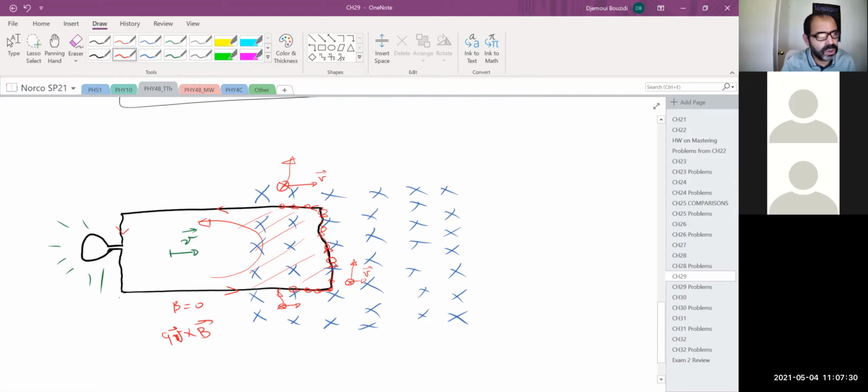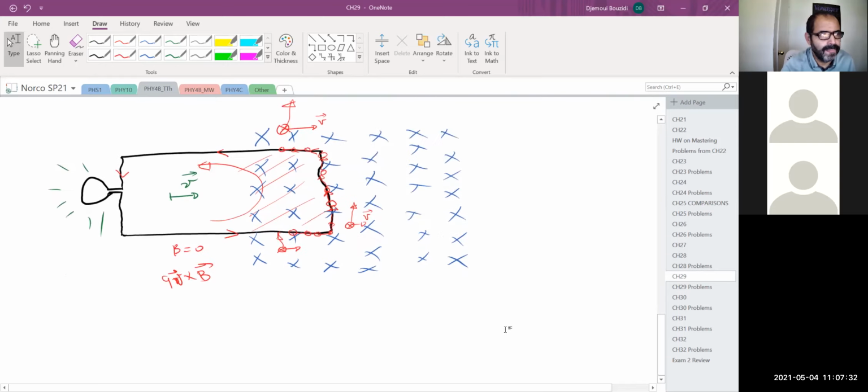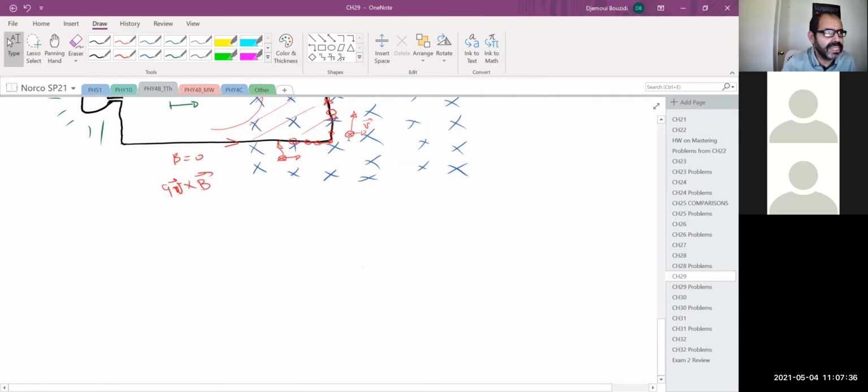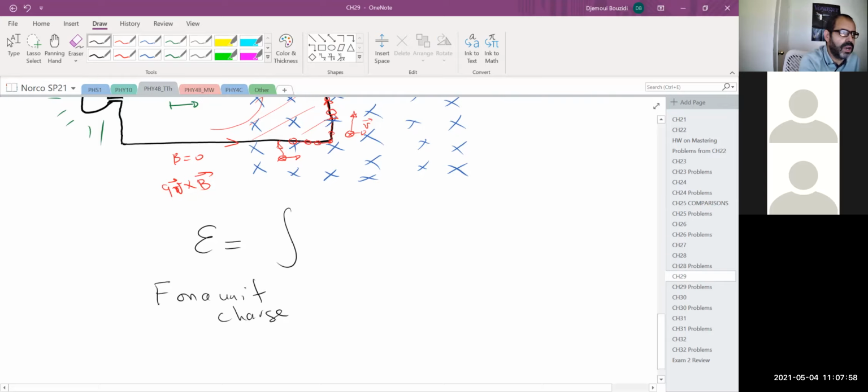So let's see what's going on in that region of space. First of all, the force that is responsible for this motion is QV cross B. The EMF that caused that light bulb to go on is by definition the work done by a unit force on a unit charge, okay, across the entire closed path.